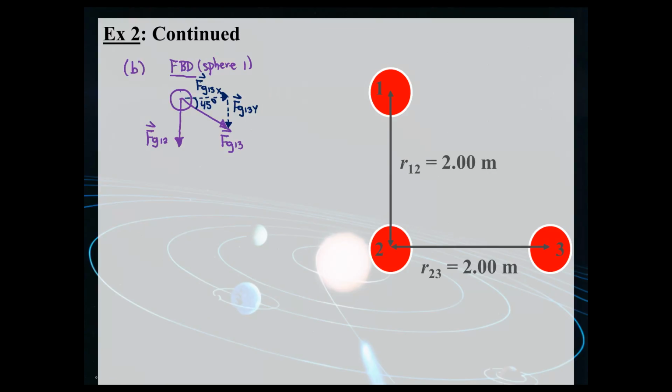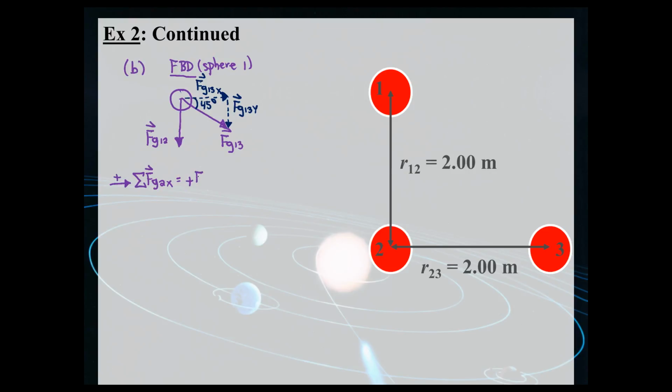Okay, so we're going to do the same thing now. We need to calculate the net force in the x direction and the net force in the y direction. Okay, so let's start in the x direction. So we'll say, let's make right positive. And I want to find the sum of the gravitational forces on object 1 in the x direction. If you look at the free body diagram, there is only one force in the x direction. That is the x component of FG 1, 3. It points towards the right, therefore it's positive.